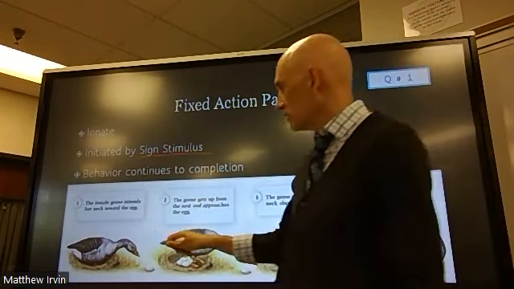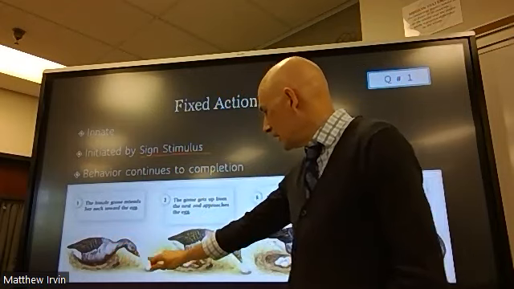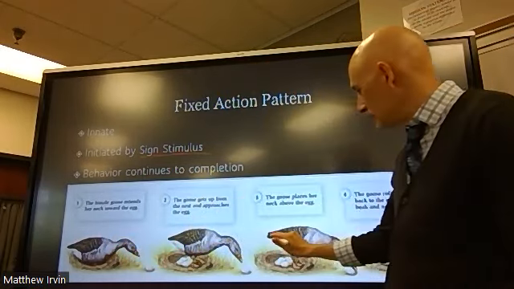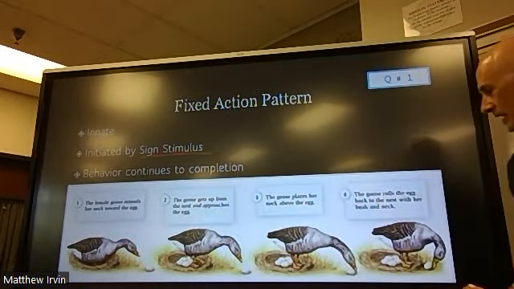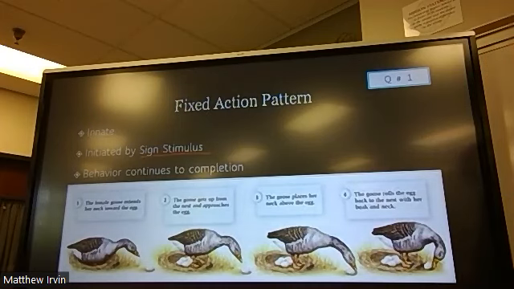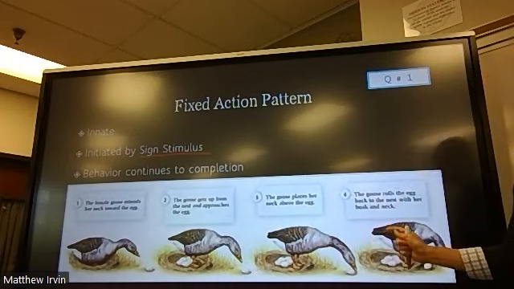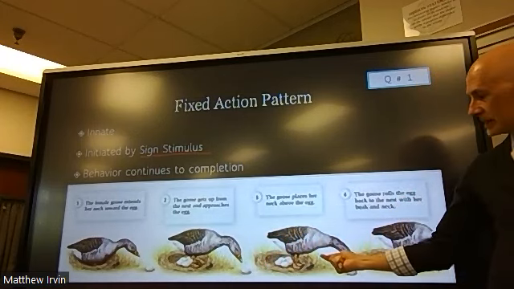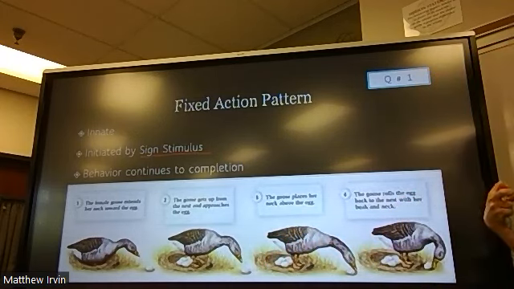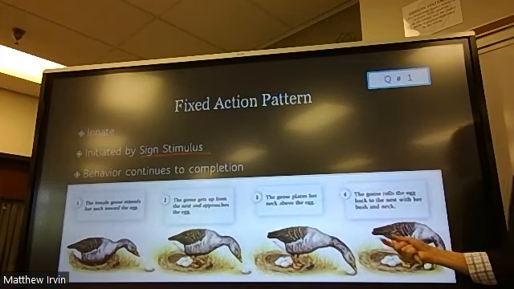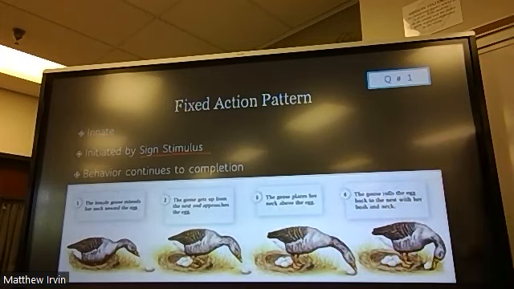So remembering the gray-lag goose, when an egg rolls out of its nest, it pulls it back in to the nest. And so if an experimenter puts the egg in front of it, the gray-lag goose starts to drag the egg back. But if you remove the egg, it continues to do the neck and egg rolling behavior until it gets back to the nest, even though the egg isn't there. So that's what makes it innate and instinctive.